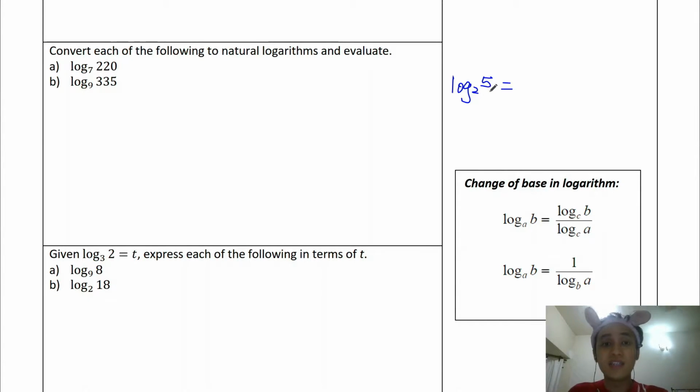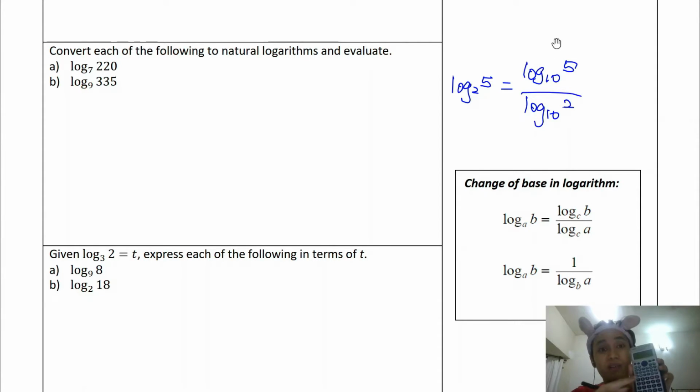The easiest way is to change it to base 10 log, so log 10 of 5 divided by log 10 of 2. When you change into base 10 log, it is easier because you can punch it in your calculator. You just punch log 5 divided by log 2 and you will get your answer.